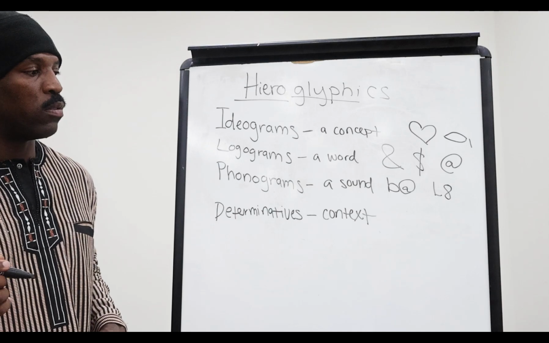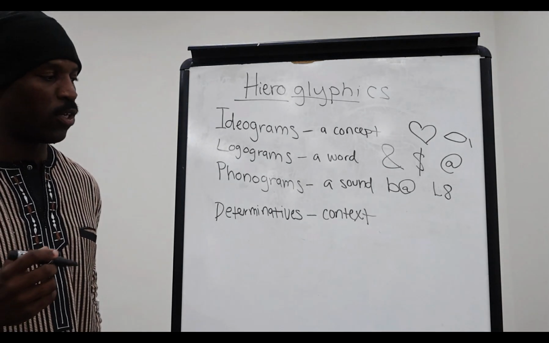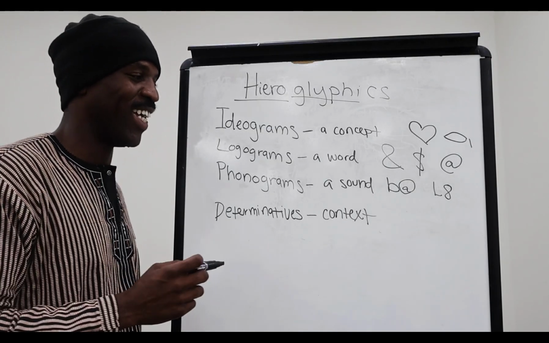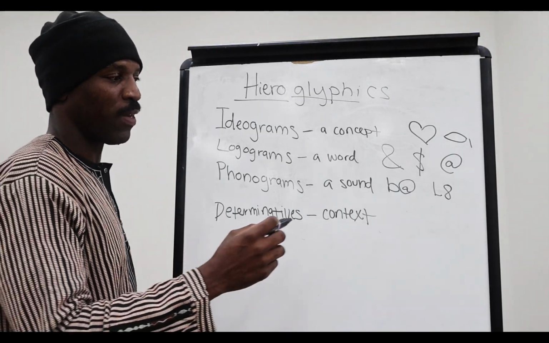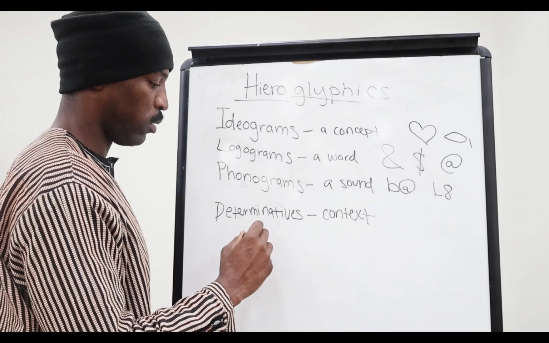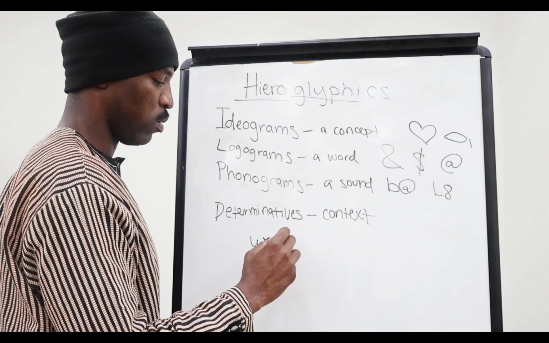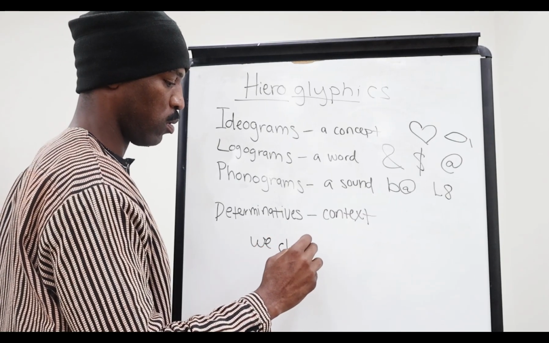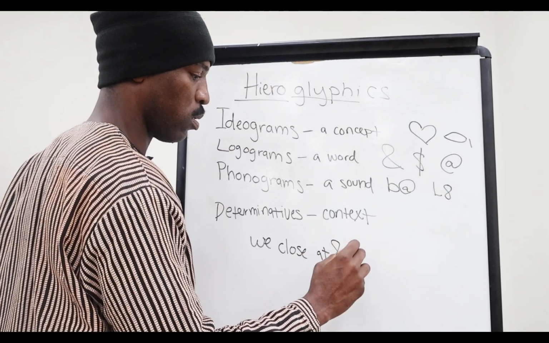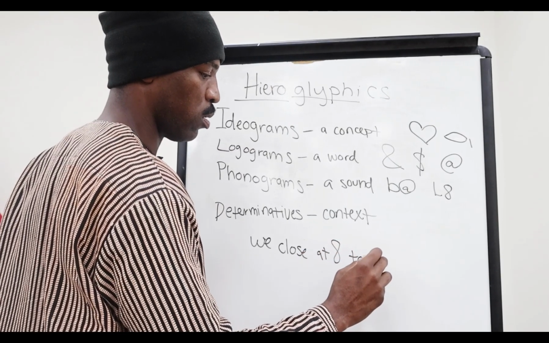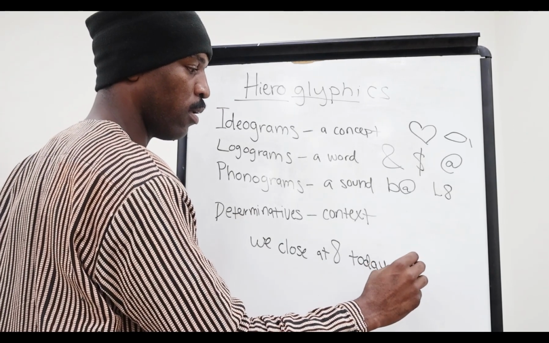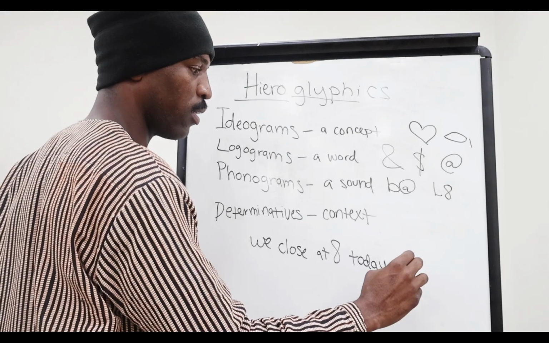So for determinative, that's a mouthful, right? Think about it like this. If I give you the sentence, we close at 8 today, and I give an emoji like this.